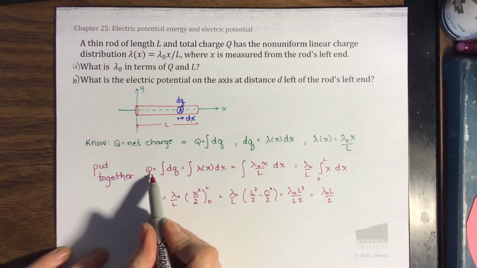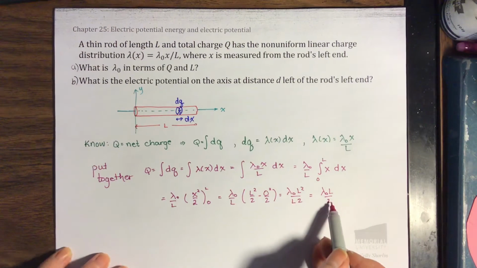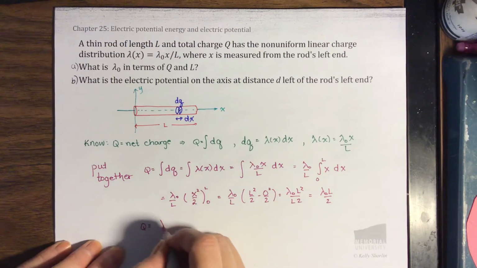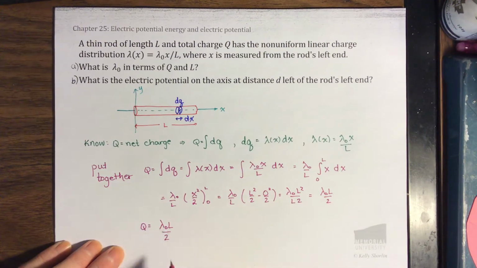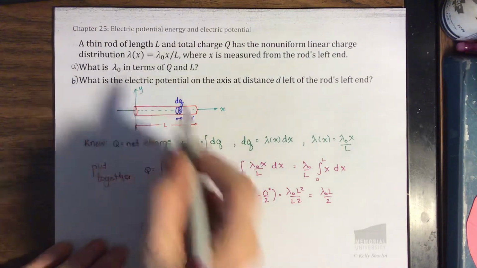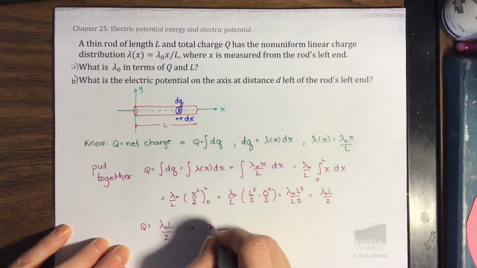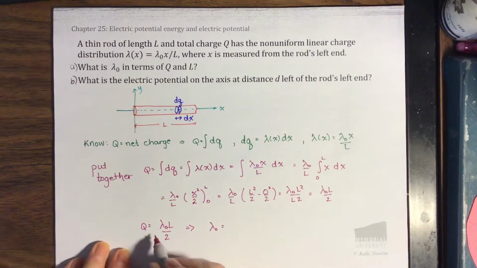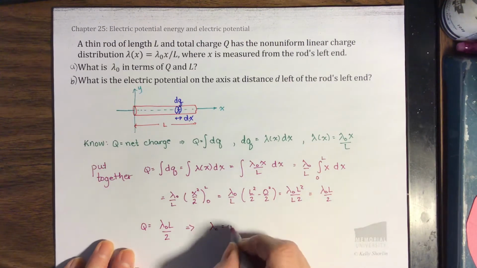Okay, so our net charge Q is lambda naught, our constant, times L over 2. This is almost what we were asked for, but not quite. We found Q in terms of lambda naught. We were asked for lambda naught in terms of Q. So lambda naught is equal to 2 times Q over L.